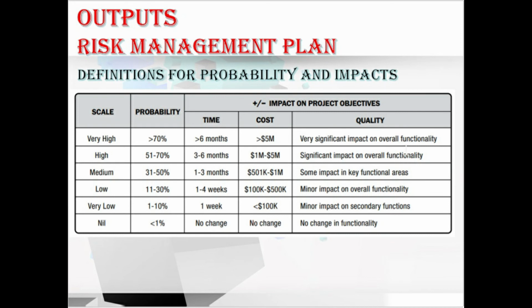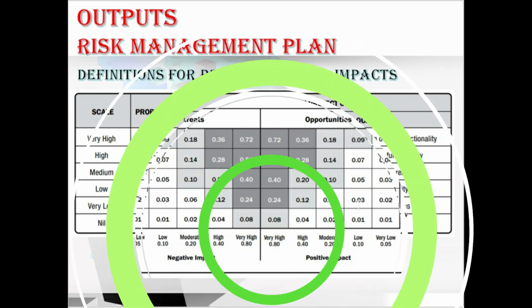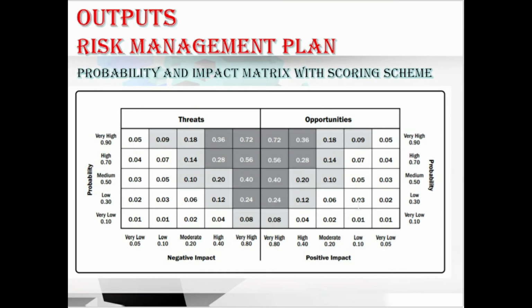So let's move to the next component of the risk management plan, that is the probability and impact matrix. In this, the opportunities and the threats are represented in a common probability and impact matrix, by using a positive definition of impact for the opportunities and a negative impact definition for threats. It also includes descriptive terms such as very high, high, medium, low and very low, and some numeric values which can be used for the probability and impact.